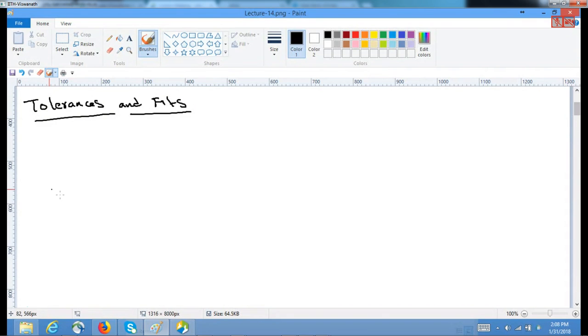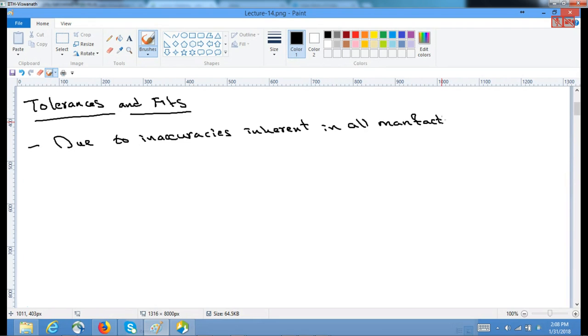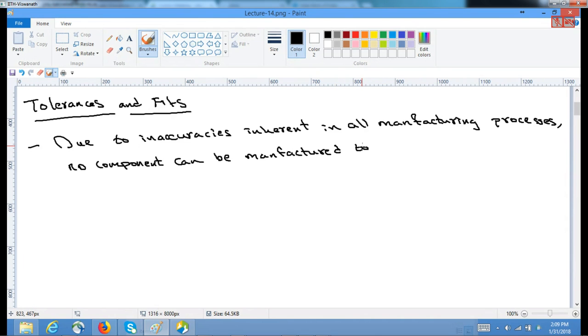So due to inaccuracies inherent in all manufacturing processes, no component can be manufactured to exactly given dimensions.